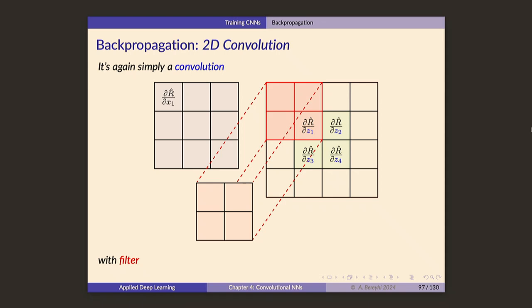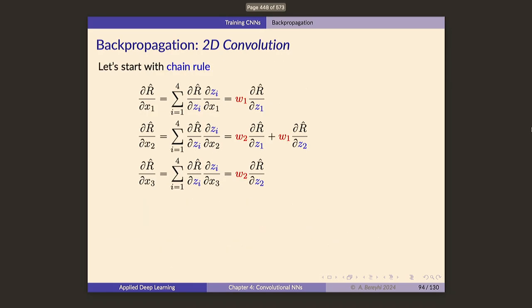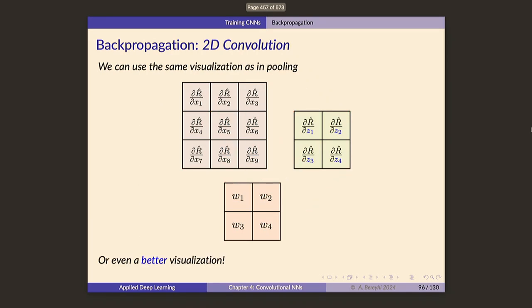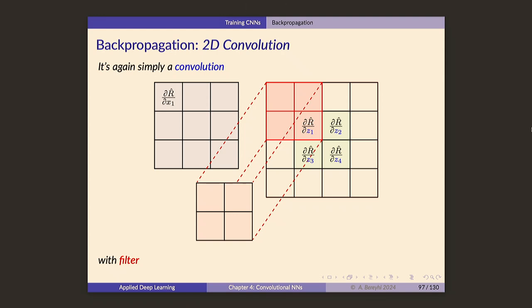Do you have any idea about the other guys? For example, what should be here? It should be w2, right? But how we can say it, we could say it again by comparing this term, right? So we see that w2 gets multiplied with z1, w1 with gradient with respect to z2, when we are computing the gradient with respect to x2, right? Meaning that when I get into this map in the time that I'm convolving, when I just push it one further, then this guy should be w1 as it is, and this guy should be w2, right?